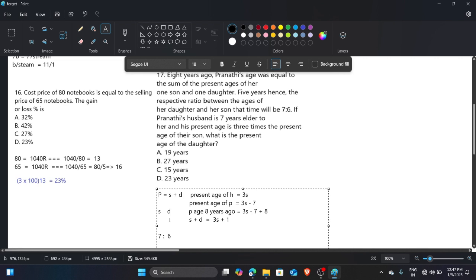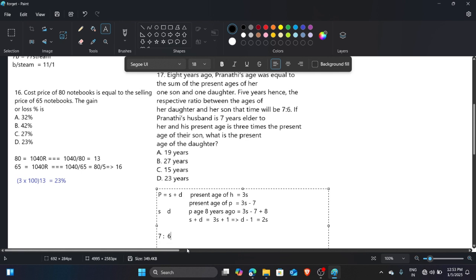If we solve this equation, the 3s comes here, d minus 1 equals 2s. Okay, so I have made some mistake in this question. I go through it again from the start.